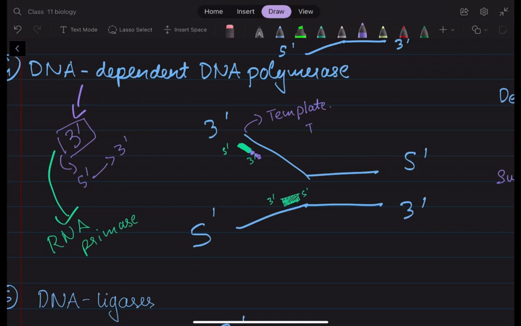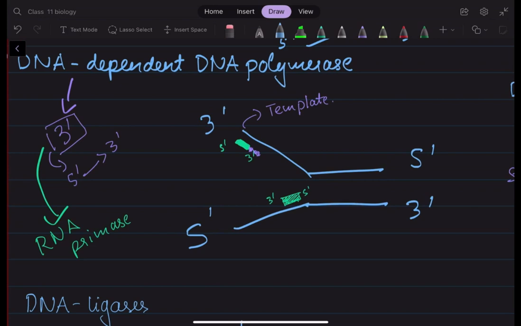So if it has T over here, it will put a nucleotide having A, adenosine. So it will keep moving on in this direction for this strand, and will keep moving on in this direction for this strand.